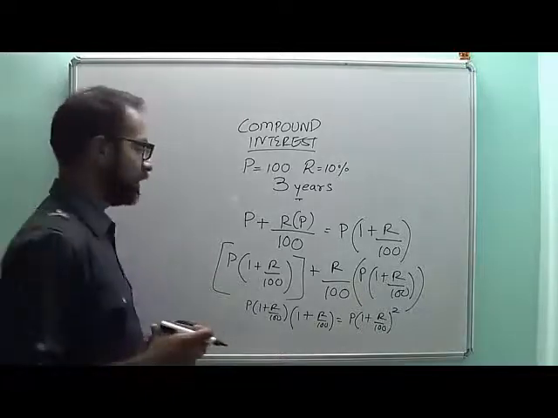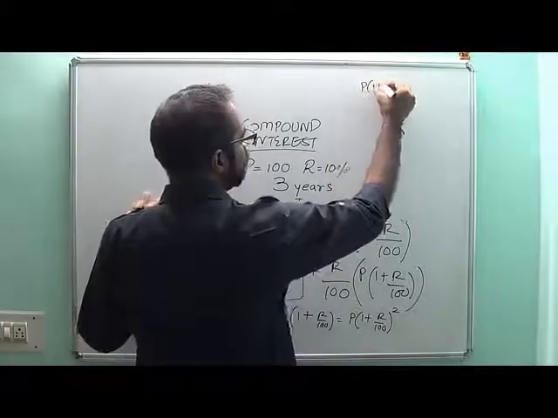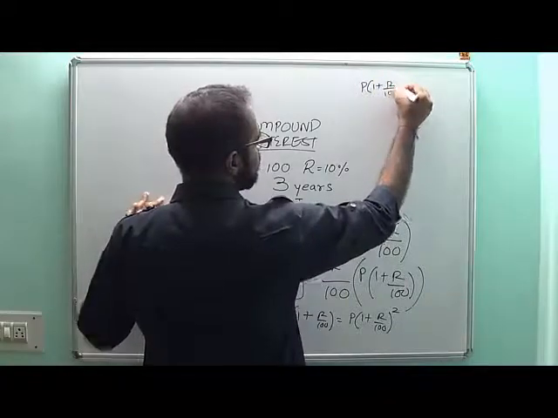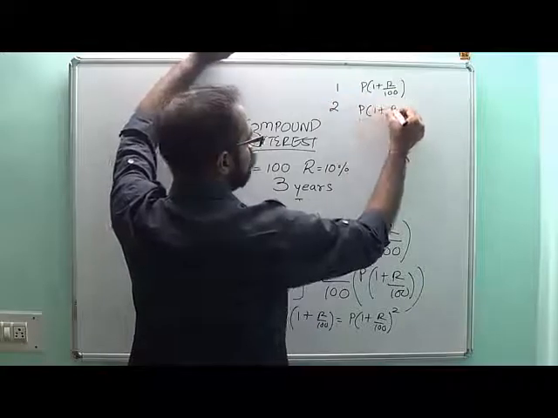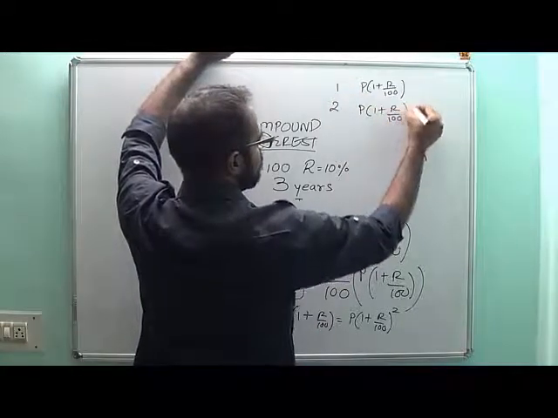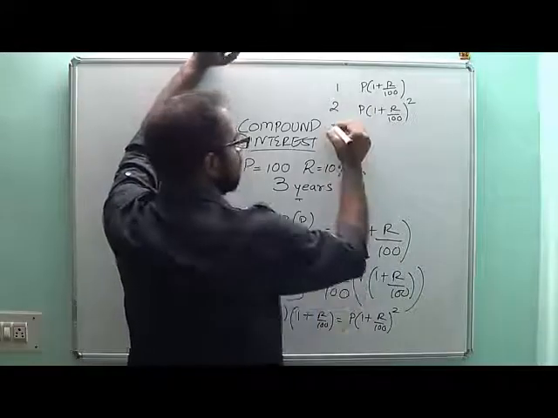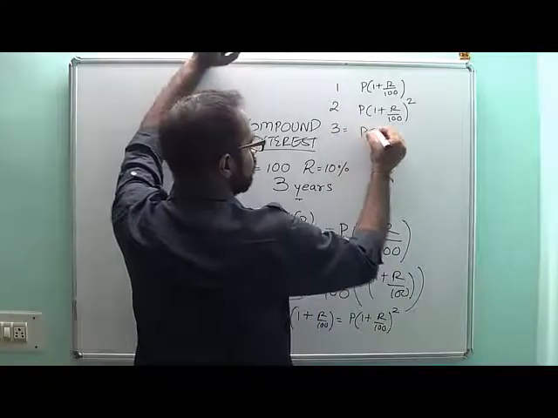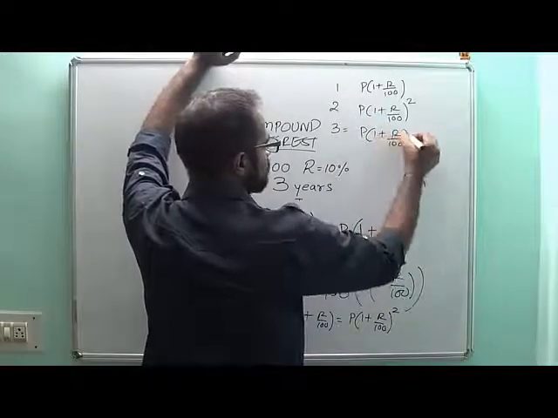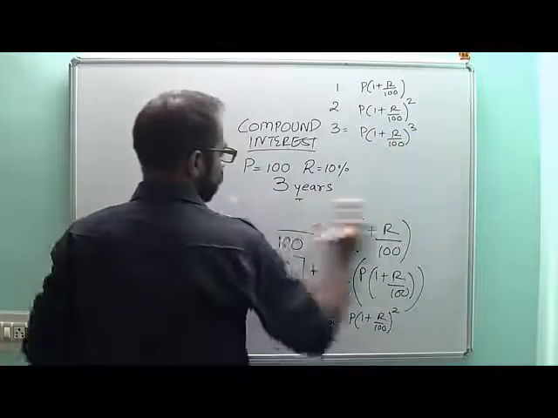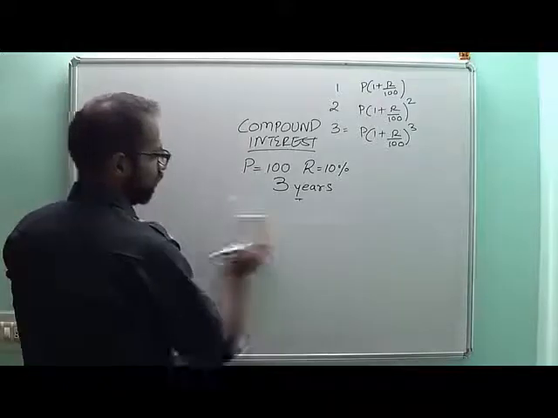So as you can see, for the first year I get the entire amount to be returned as P into 1 plus R upon 100. For 2 years, the entire amount to be returned is P into 1 plus R upon 100 the whole square. If we extend this example, for the third year, the entire amount to be returned would amount to P into 1 plus R upon 100 the whole cube. So you can see that that particular formula is following a certain trend.